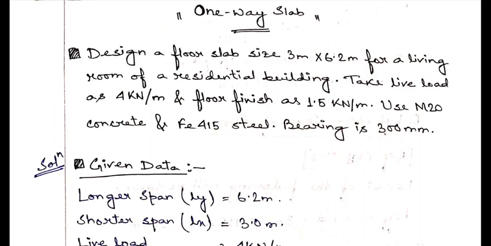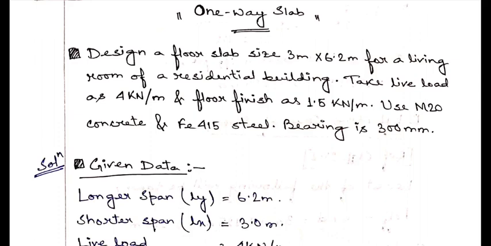The question is: design a floor slab of size 3 meter by 6.2 meter for a living room of a residential building. Take live load as 4 kN per meter and floor finish as 1.5 kN per meter. Use M20 concrete and Fe 415 steel. Bearing is 300 mm.